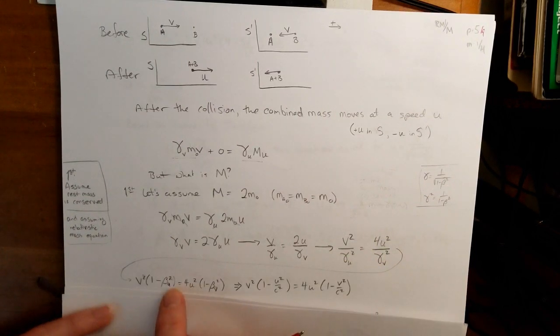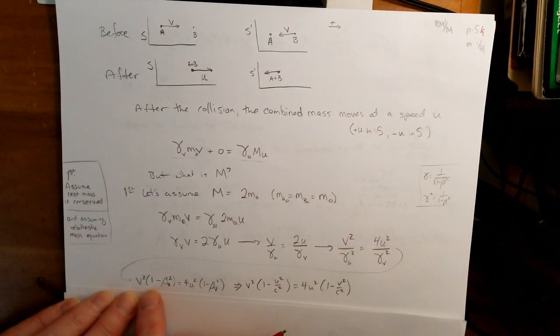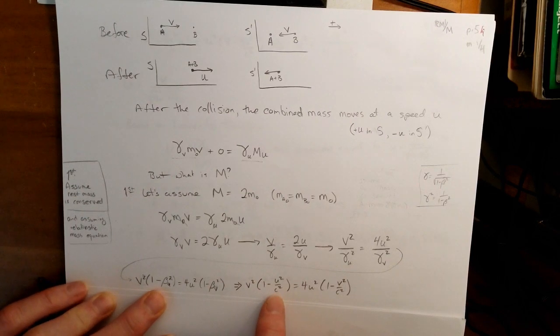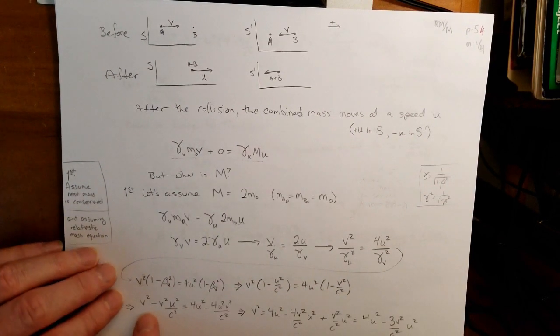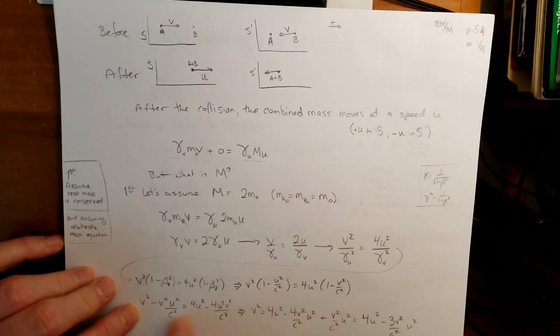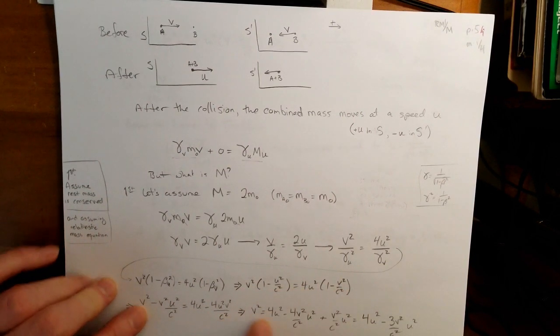Doing the substitution with beta, I have v squared times 1 minus beta u squared equals 4u squared times 1 minus beta v squared. Plugging in the formula for beta, beta sub u is u over c, and beta sub v is v over c, squared. And we end up distributing on both sides.